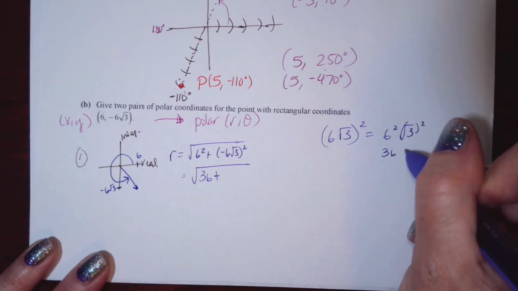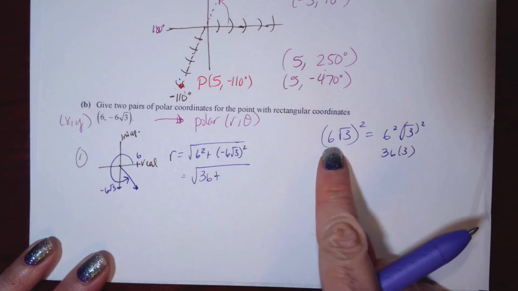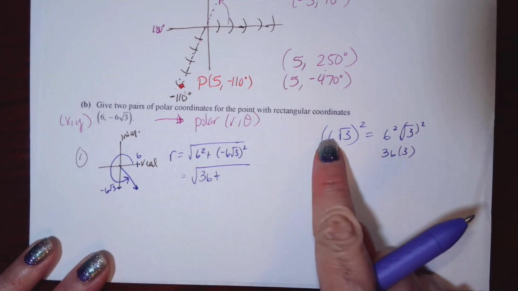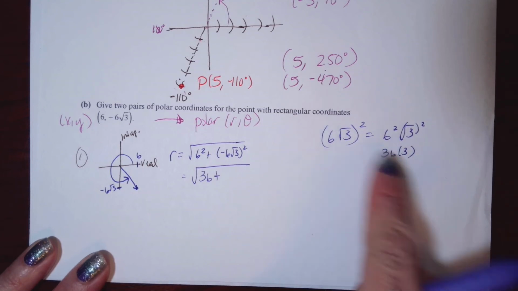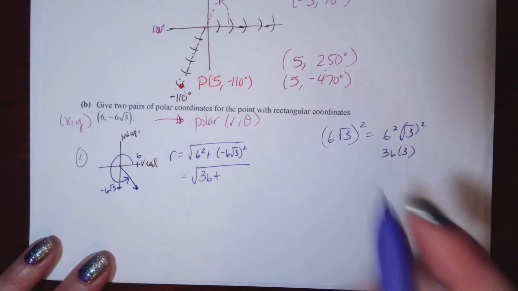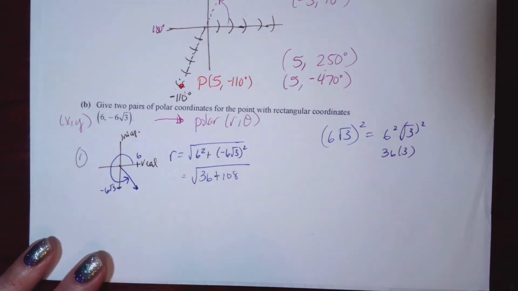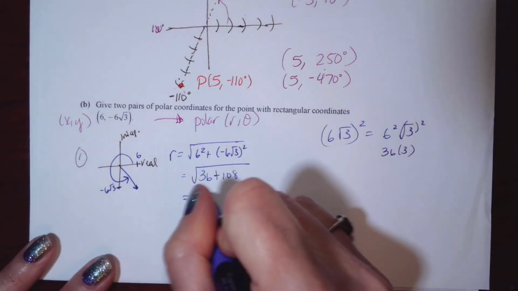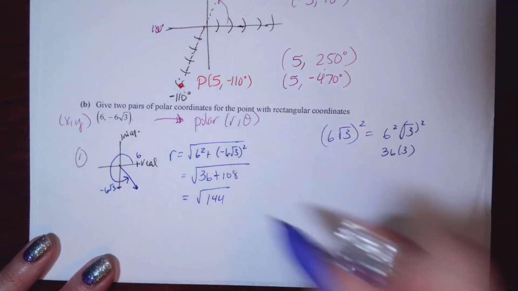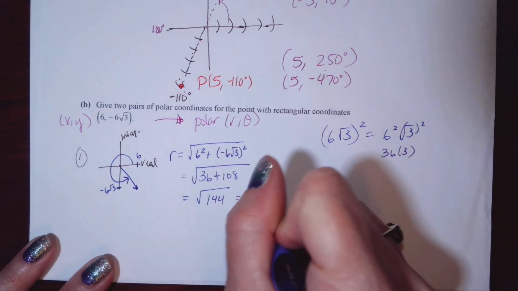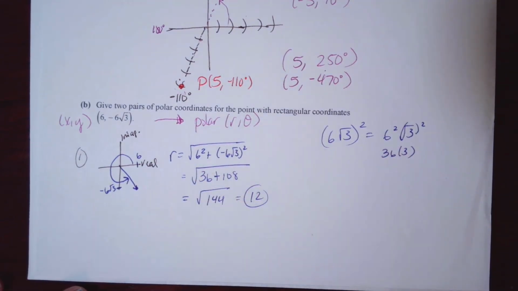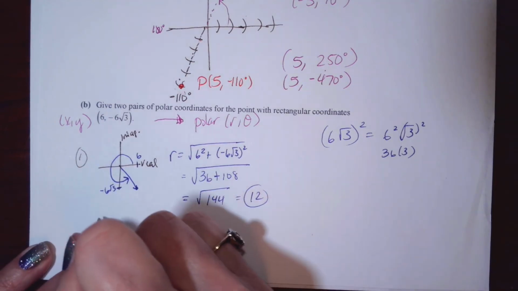Square root 3 squared is 3. So this is equal to 36 times 3. I've got to square both of those pieces. And 36 times 3 is 108. So that gives me 144, which is a perfect square. r is 12.